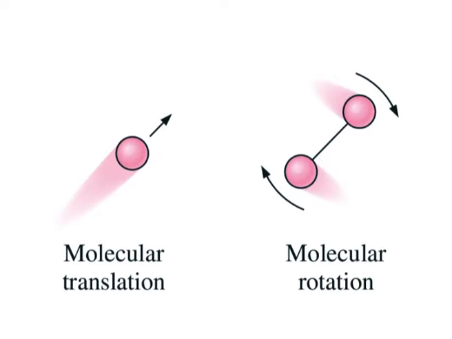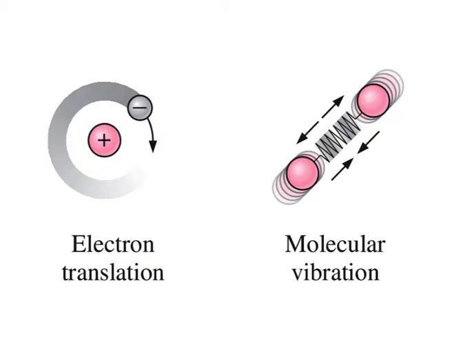The atoms of polyatomic molecules rotate about an axis, and the energy associated with this rotation is the rotational kinetic energy. The atoms of a polyatomic molecule may also vibrate about their common center of mass, and the energy associated with this back and forth motion is the vibrational kinetic energy.